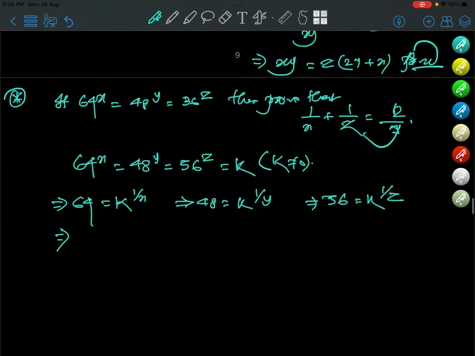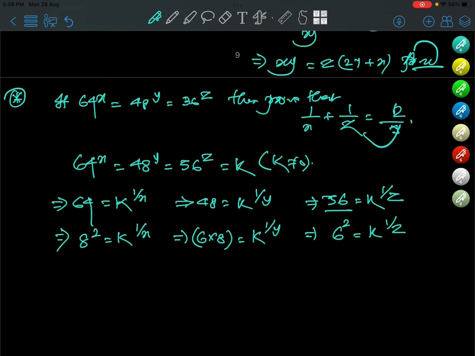We can write 64 as 8 square equals k to the power 1 by x, and 48 as 6 into 8 equals k to the power 1 by y, and we can write 36 as 6 square equals k to the power 1 by z.